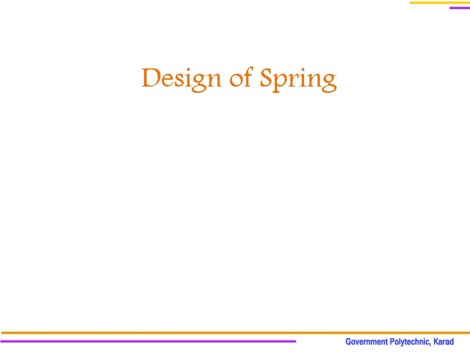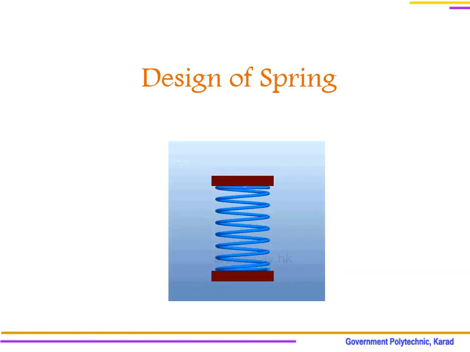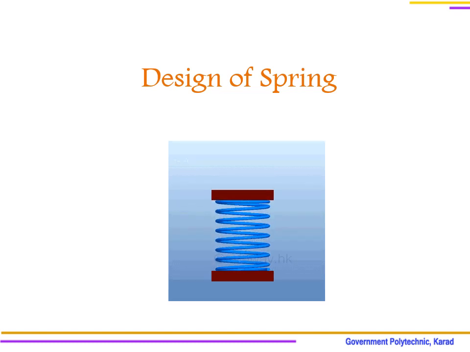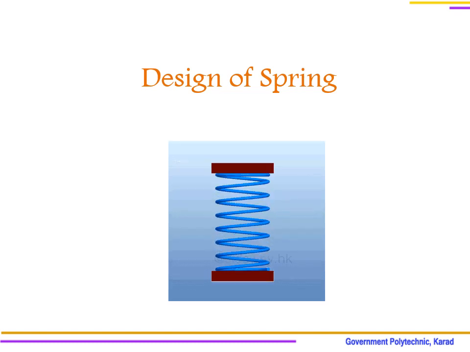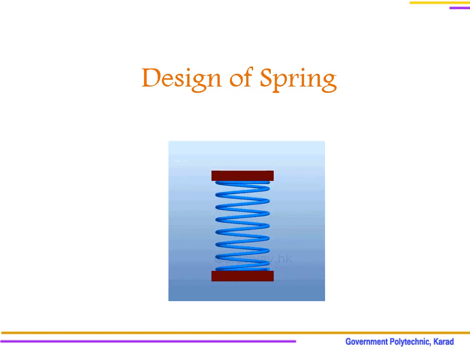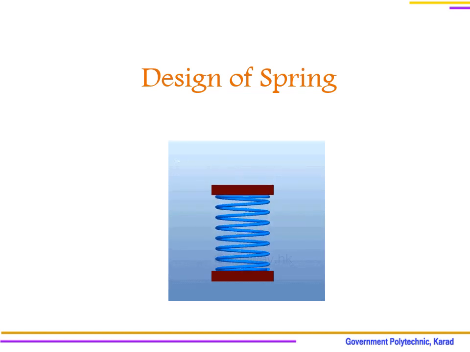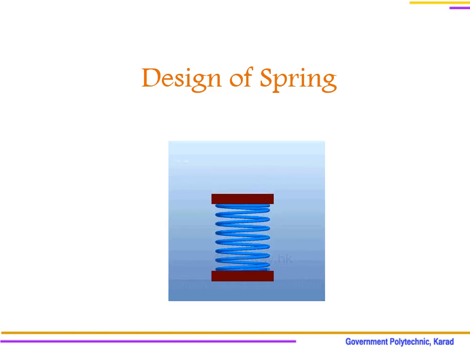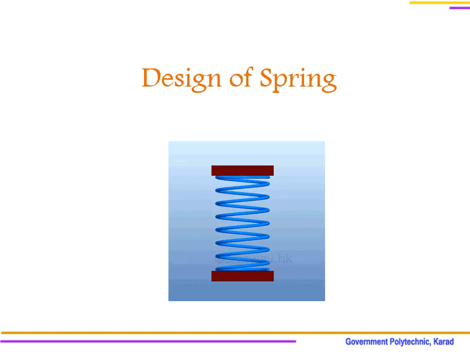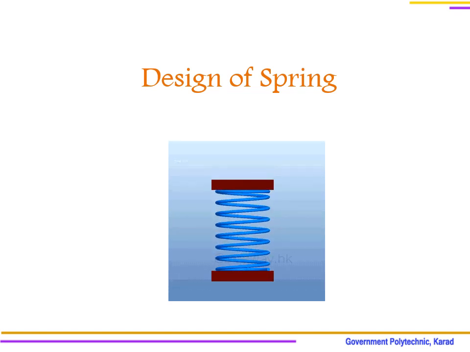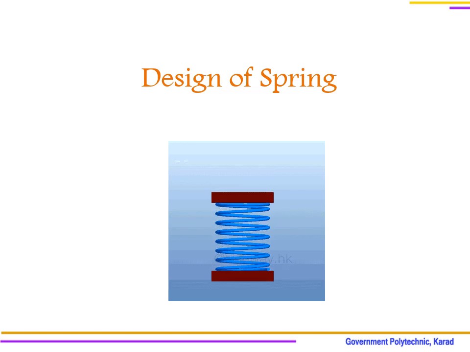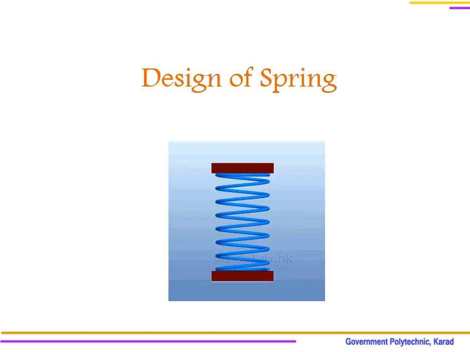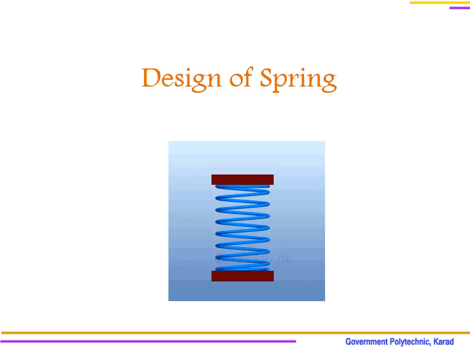So we have learned that a spring is such an element which undergoes compression, you can say deflection, due to applied force. When force is applied on a spring, it causes deflection, and that deflection is proportional to the force applied. By that we are in a position to tell how much deflection occurs due to force.